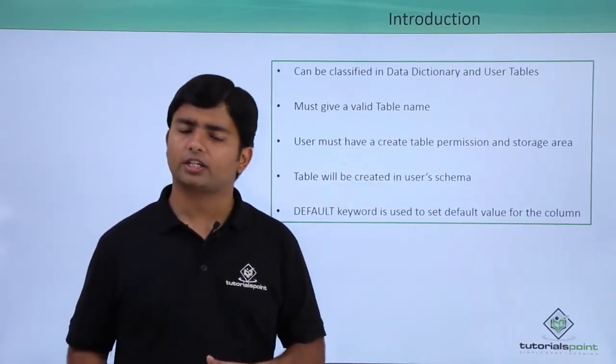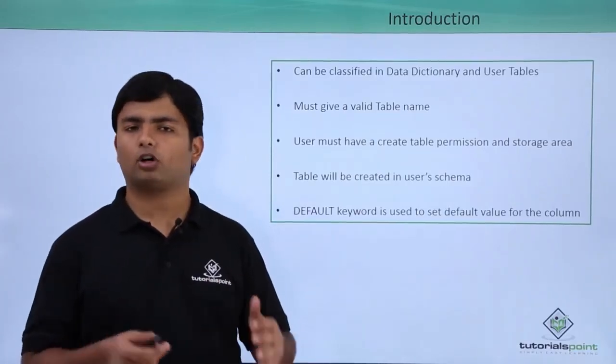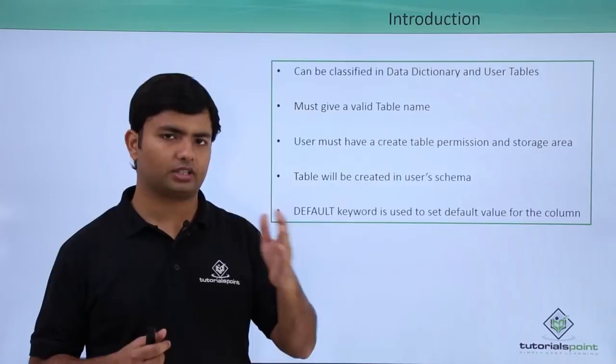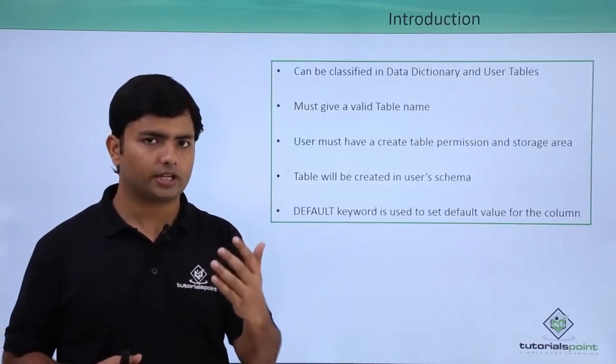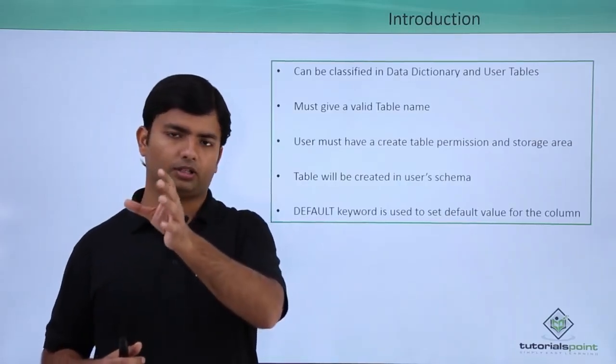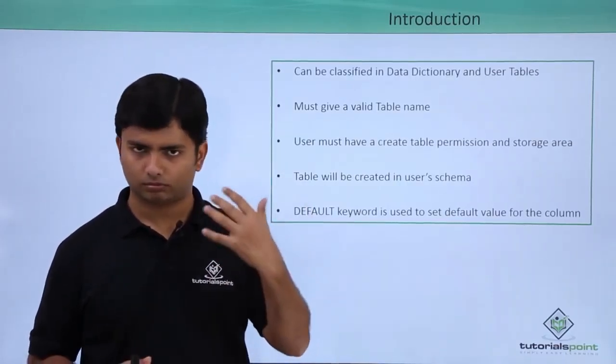When you create a table, you name a number of columns inside it along with the data types. For example, if I am creating the employee table, there will be employee ID with a particular data type, meaning the type of data I want to store. Similarly, first name, data type again.